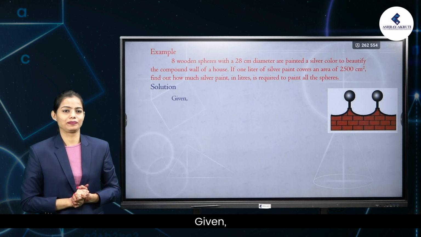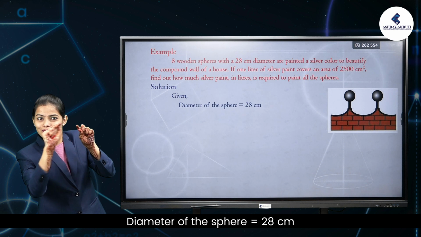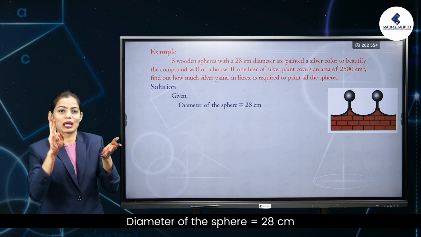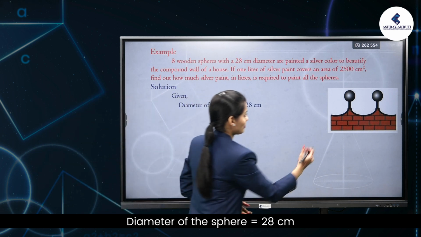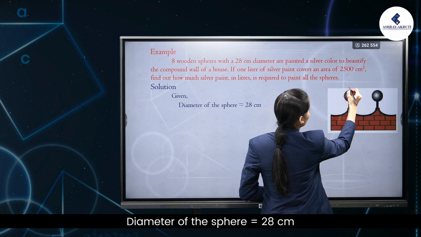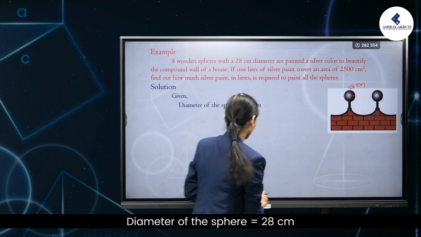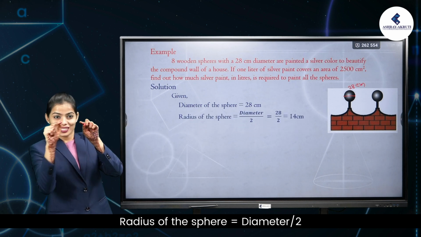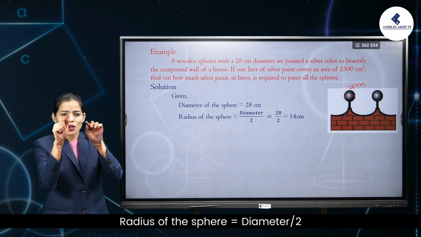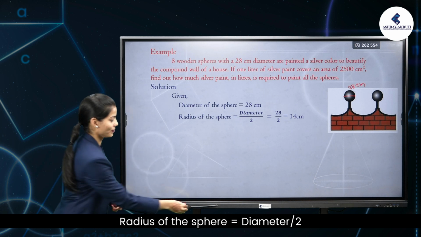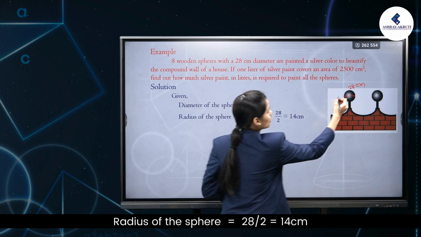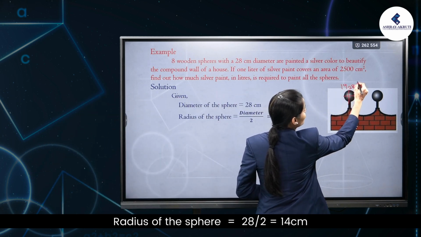Given diameter of the sphere is equal to 28 centimeter, radius of the sphere is equal to diameter by 2, is equal to 28 by 2, is equal to 14 centimeter.